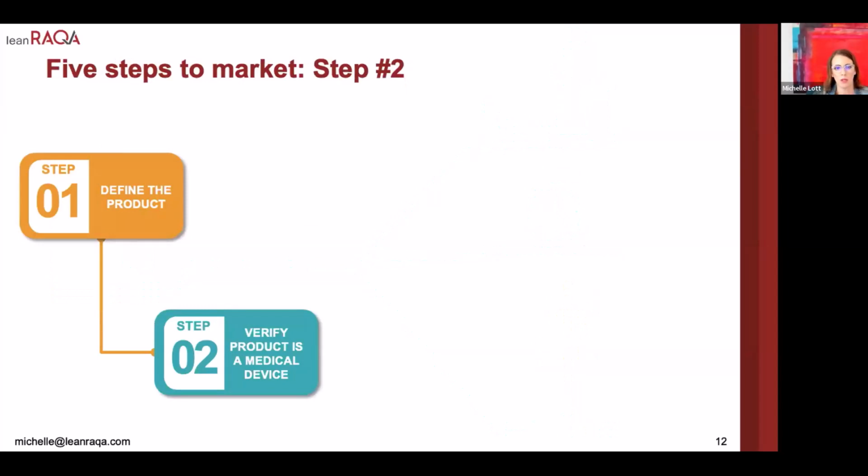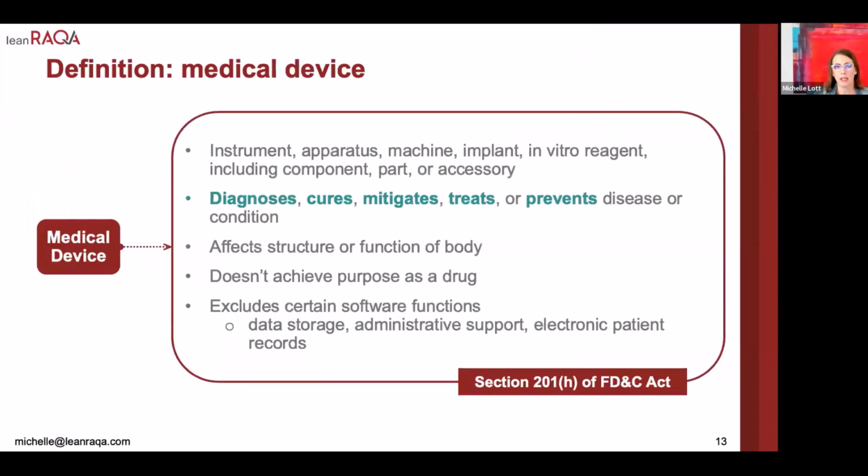So it's really important to clearly articulate it, because it can also determine if you meet the definition of being a medical device at all, particularly if you're in the digital health space and you have a software or an app-based product that may or may not meet this definition.